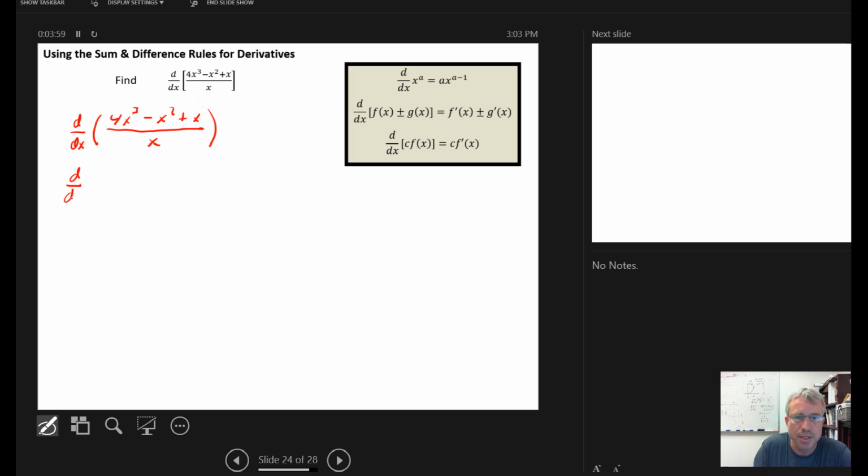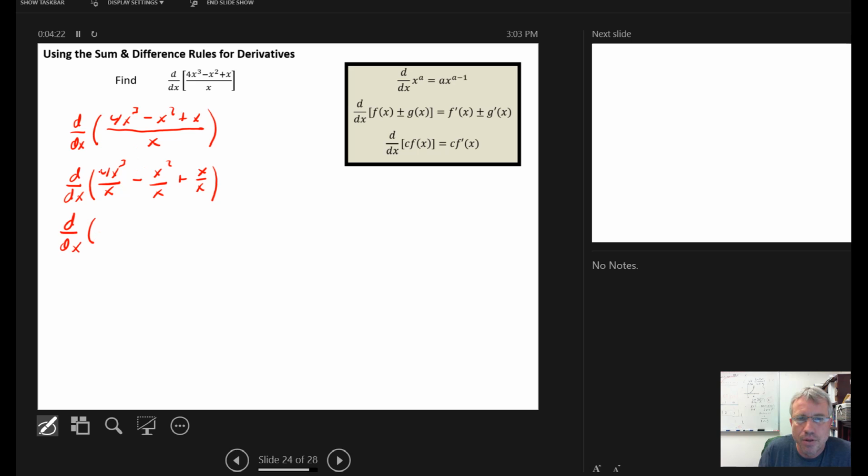So d dx of 4x cubed over x minus x squared over x plus x over x. So you break into the individual fractions that you get with your common denominator, and then look to see if anything can be simplified.